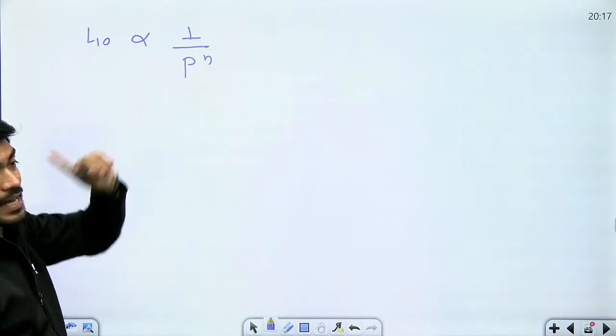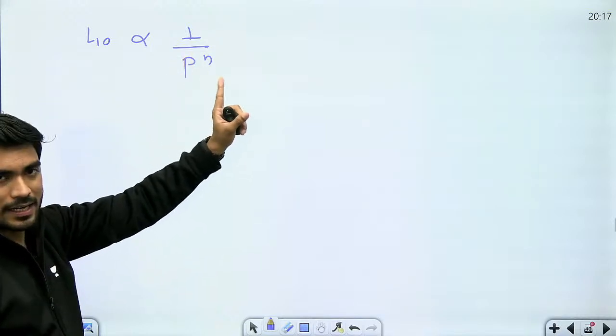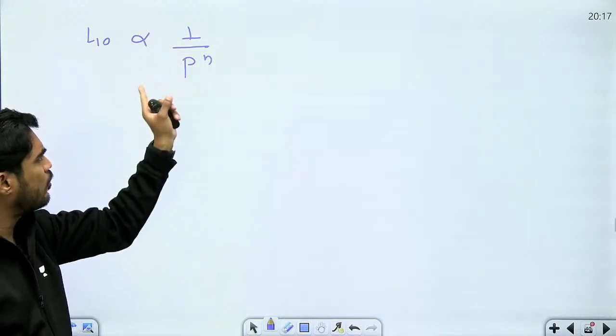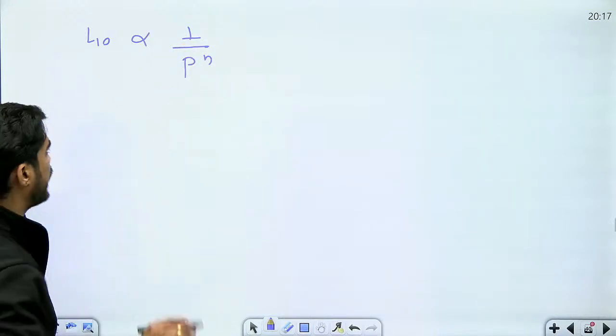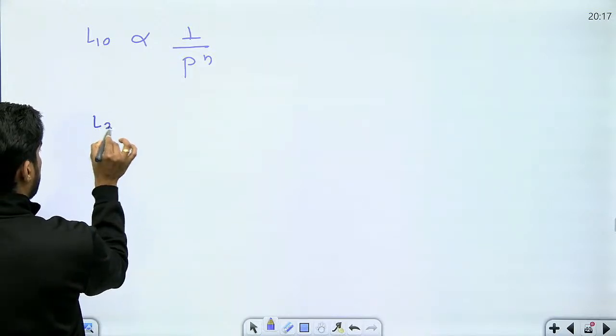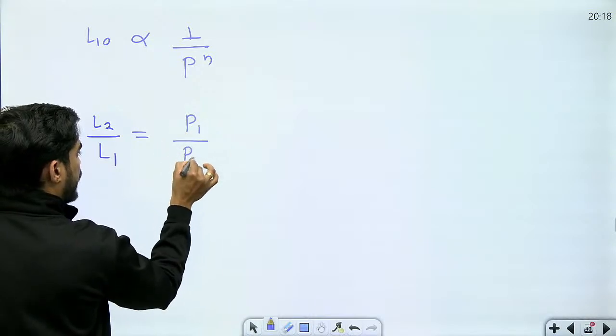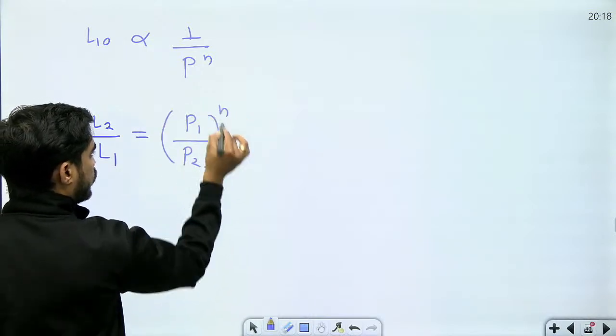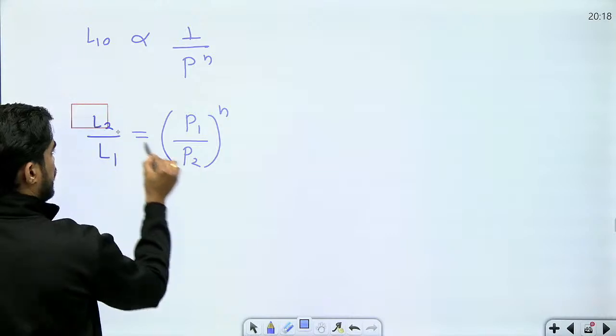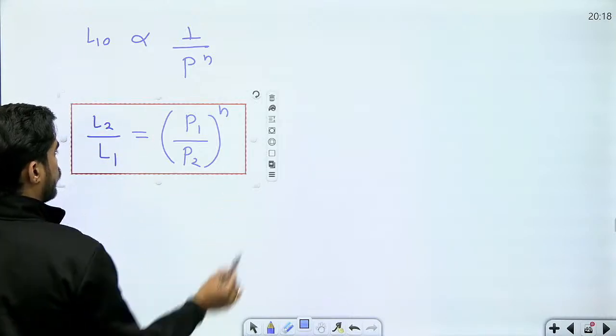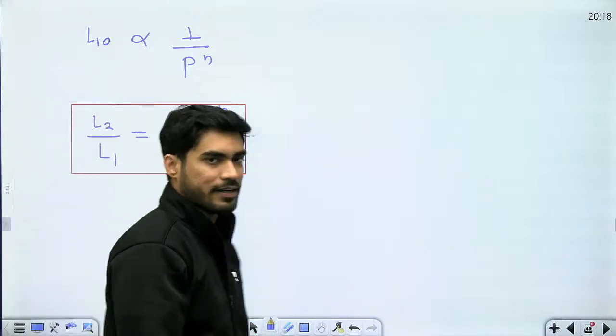So L10 will be inversely proportional to P to the power n, right? So I can write L2 by L1 is equal to P1 by P2 whole to the power n.